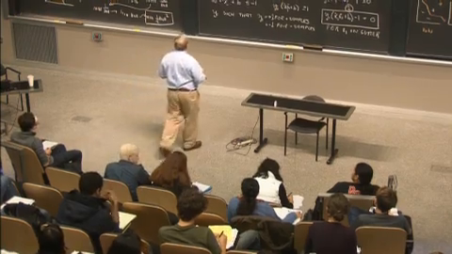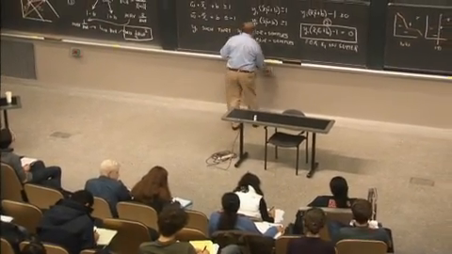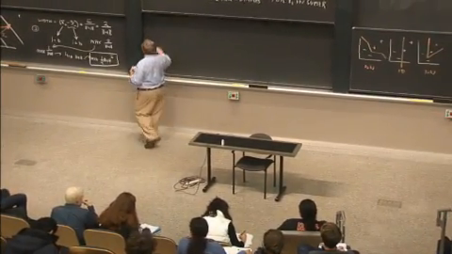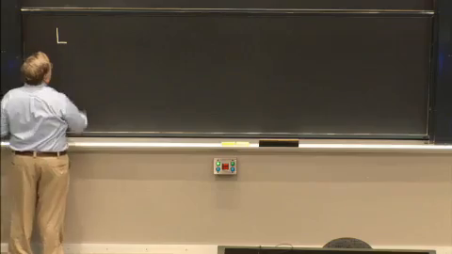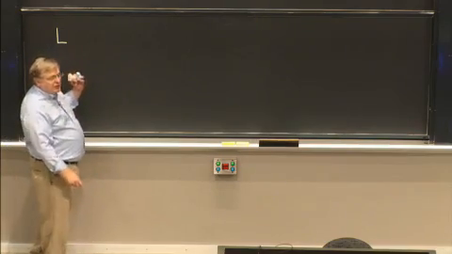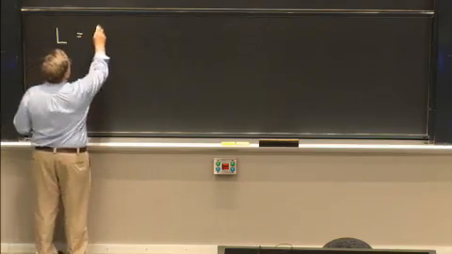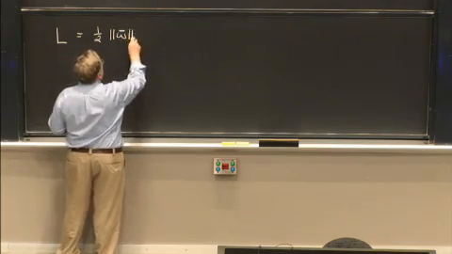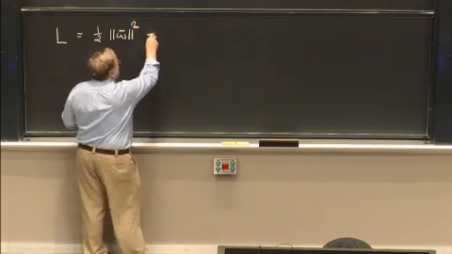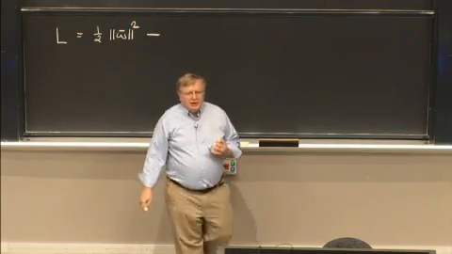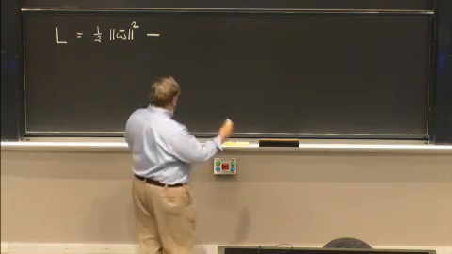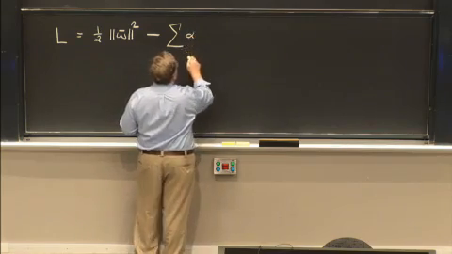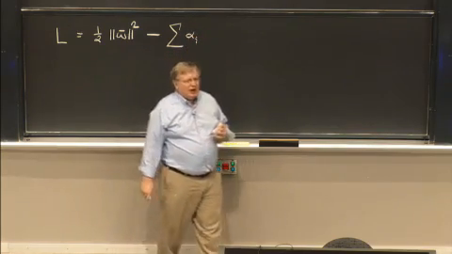So this brings us to miracle number 4, piece of the developmental piece number 4, and it sort of works like this. We're going to say that L, the thing we're going to try to maximize, in order to maximize the width of the street, is equal to 1/2 times the magnitude of that vector w squared minus, and now we got to have a summation over all the constraints. And each of those constraints is going to have a multiplier, alpha sub i.